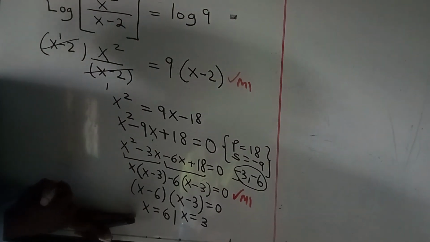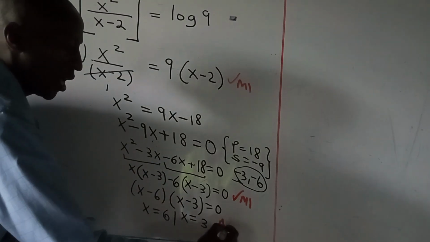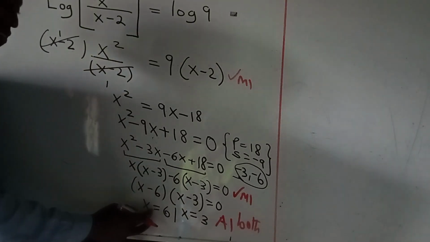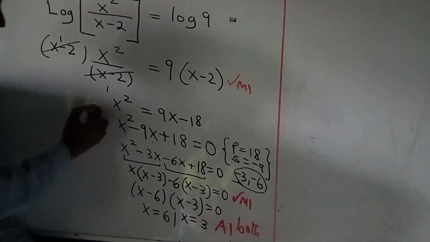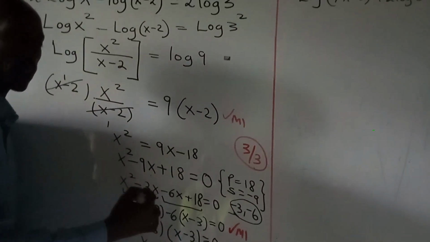And then having the correct final answers accurately done, A1, and this is for both of them. That is, x is equal to 6 and x is equal to 3. And at this point, that question earns the student 3 marks.